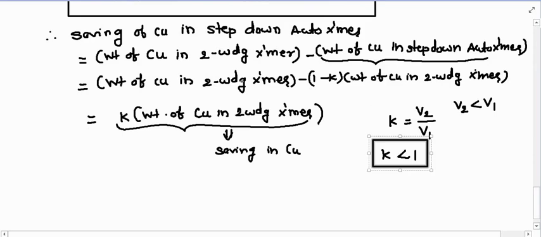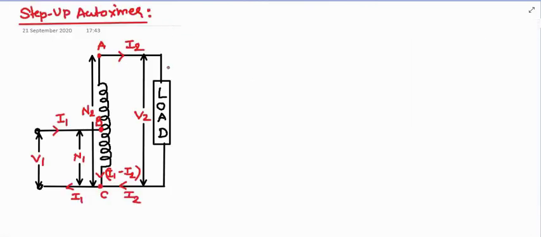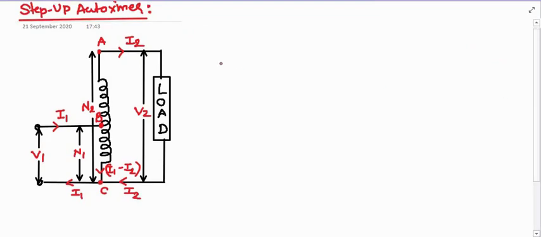Similarly, we can go for the step up auto transformer. So let us consider the step up auto transformer here. In this transformer, the current distribution winding is shown in this figure. In this case, my section AB means this section. My section AB is having N2 minus N1 turns.